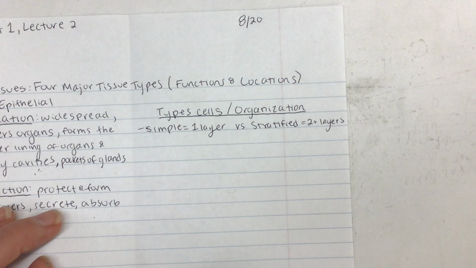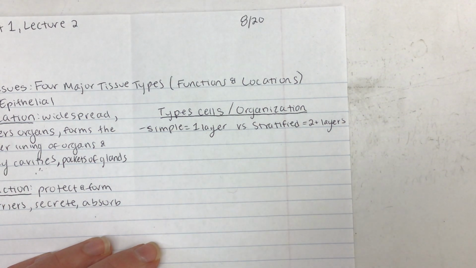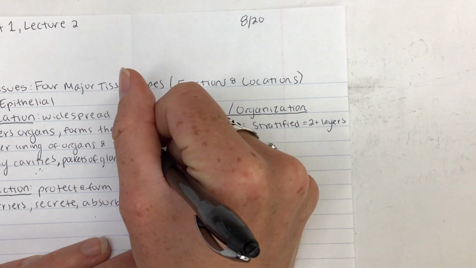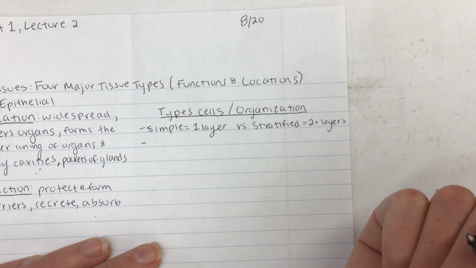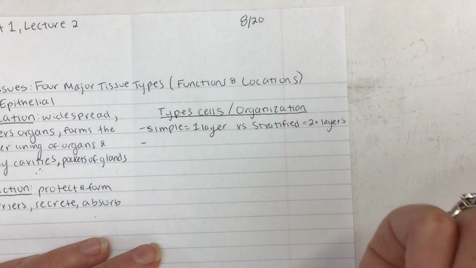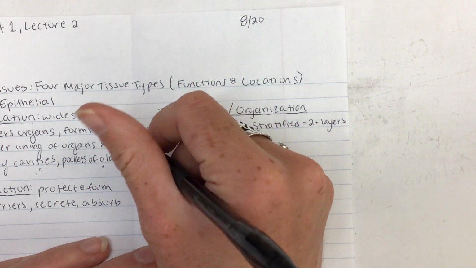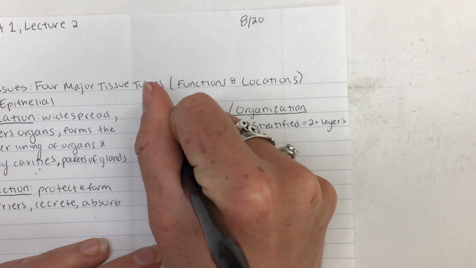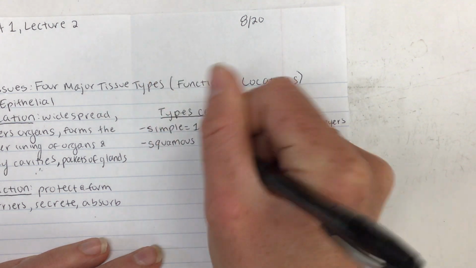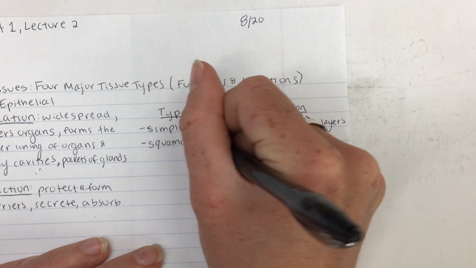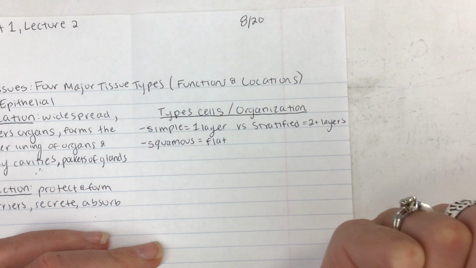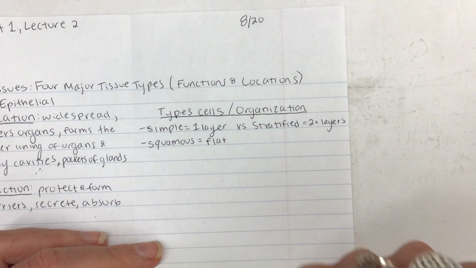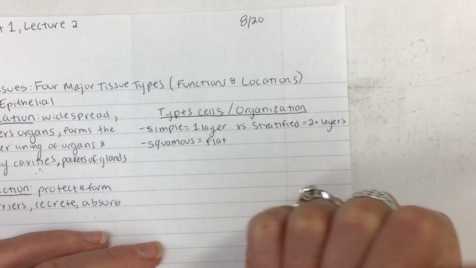And then in terms of shape, we have 3 terms we could use. So in terms of shape, we are going to have squamous. I always want to say squamous. It just looks like squamous, but it's pronounced squamous. So squamous, which means flat. And I always think of squamous kind of looks like the word squish. So they're flat and they're squished. They're not actually squished, but they look like they're squished.